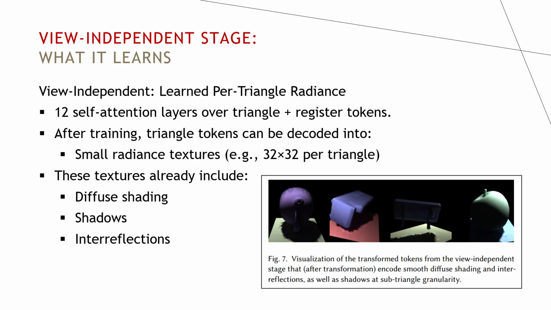The visualizations show smooth, diffuse shading across triangles, and shadows and interreflections at a detail level finer than individual triangles. So, by the time the view-independent stage finishes, each triangle token effectively carries a compact representation of how that triangle glows, already including a large part of global illumination.